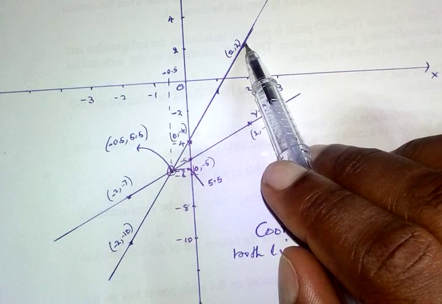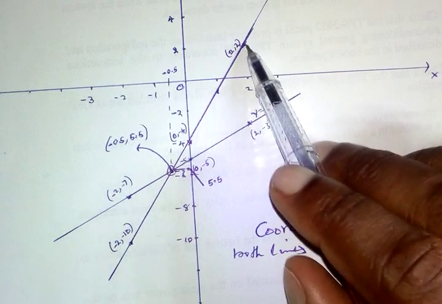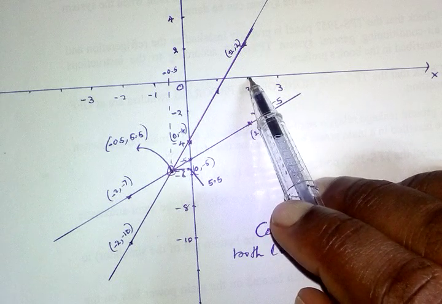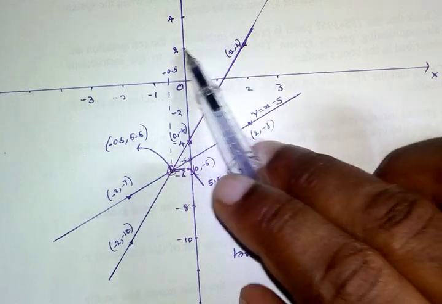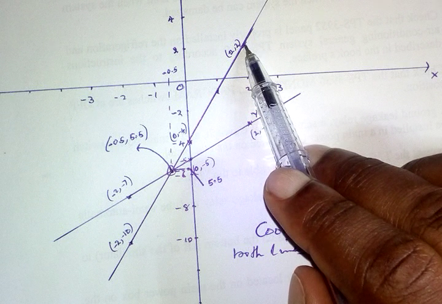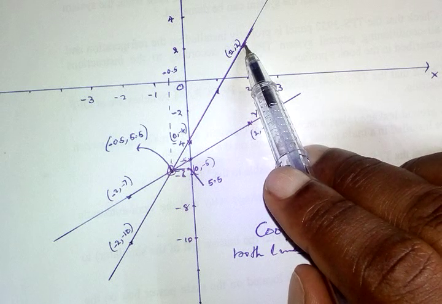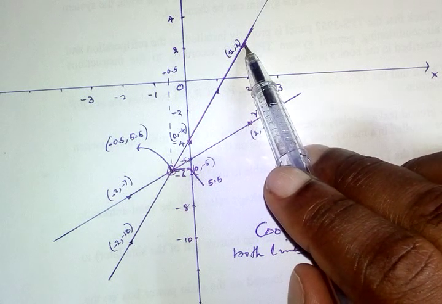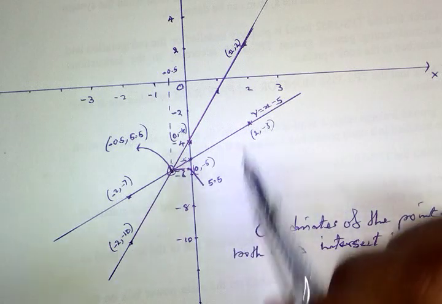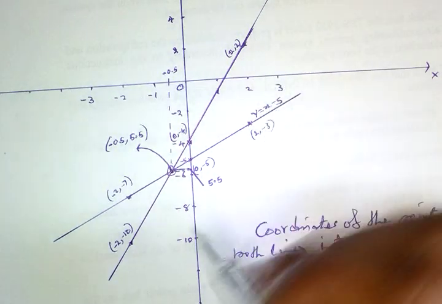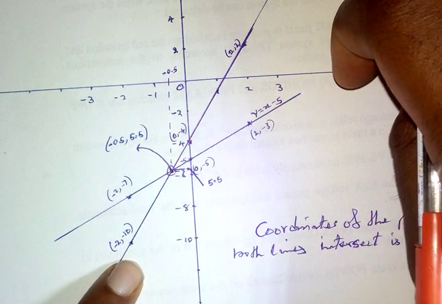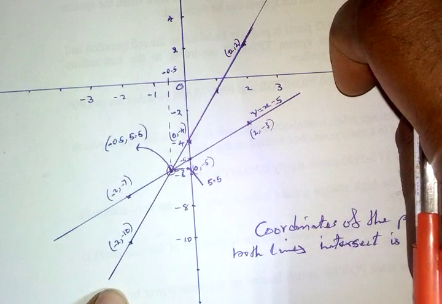That is at x equal to 2 and y equal to 2. When x is 2, you trace it up, and when y is 2, you trace it across. The point where they meet forms the next point. So that gives us the third point. So we join the 3 points together, and we get the first line.